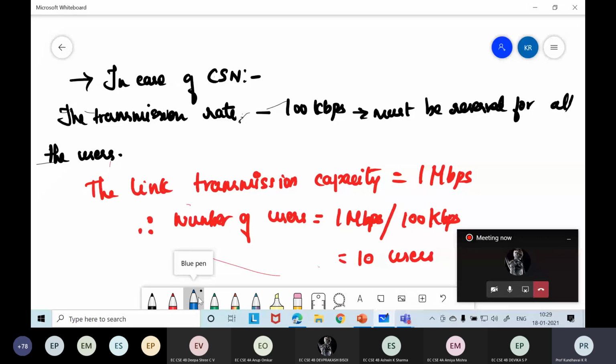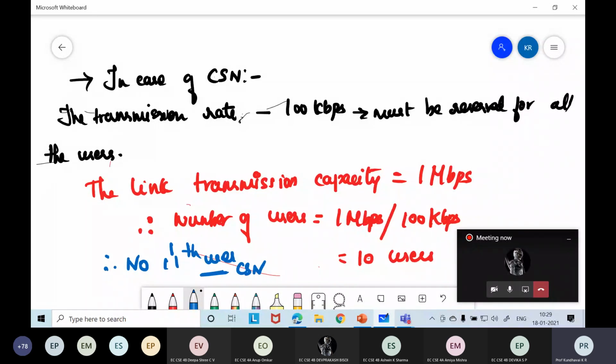So no 11th user in circuit switched networks. In this scenario, only 10 users can avail of that.